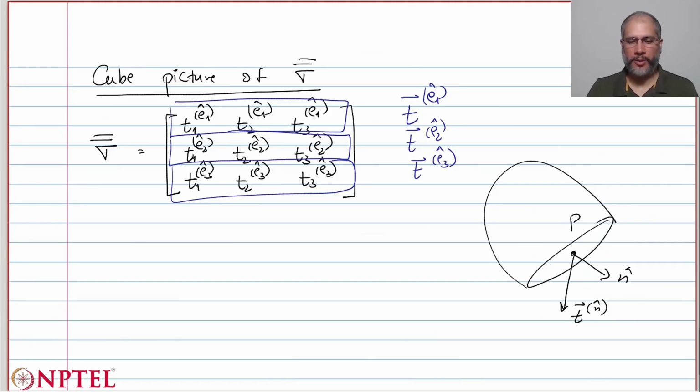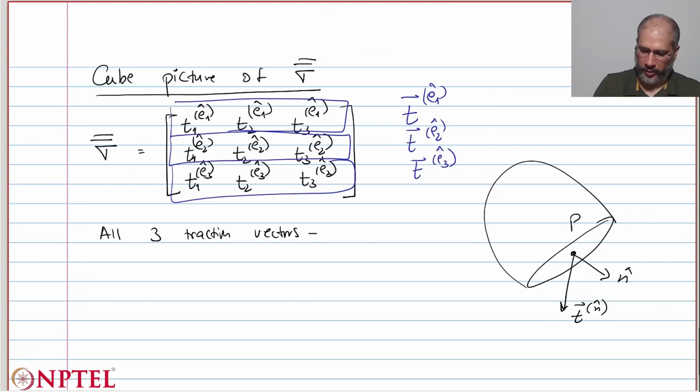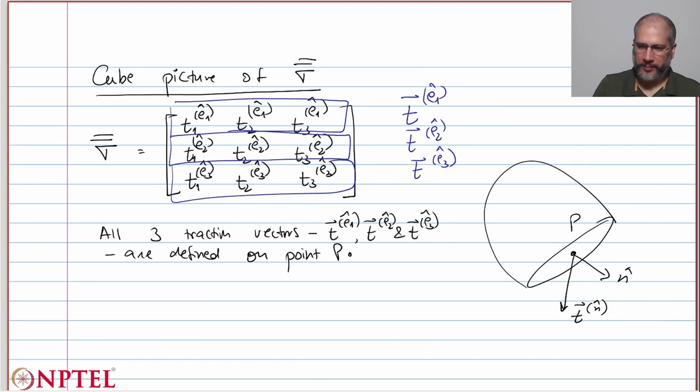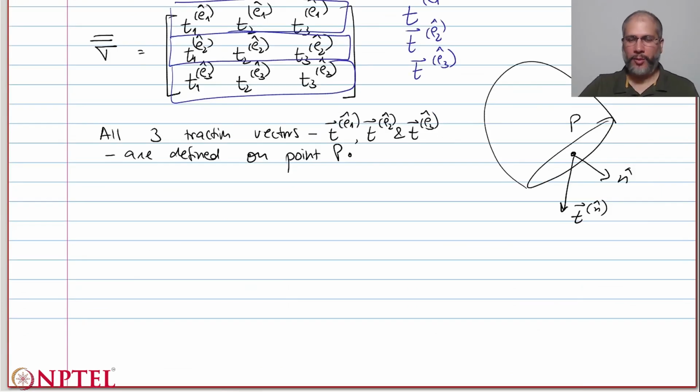It's an important point to note that all three traction vectors, which are TE1, TE2, and TE3, are defined on point P, as the three cutting planes pass through the point P. So if I was to draw this, I would draw the three cutting planes like this.